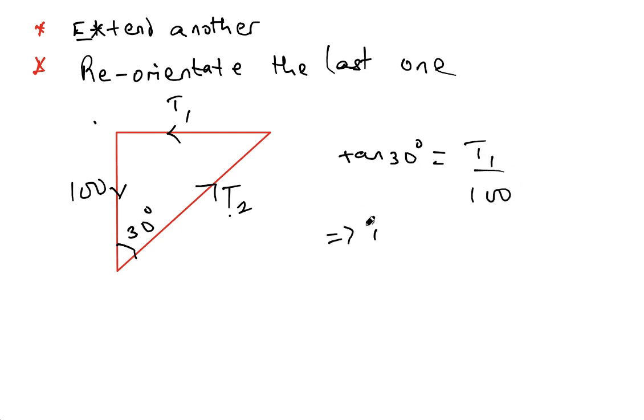That implies T1 equals 100 tan 30 degrees.